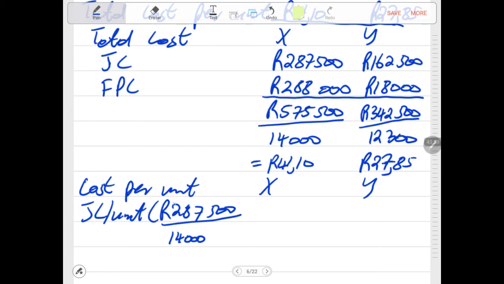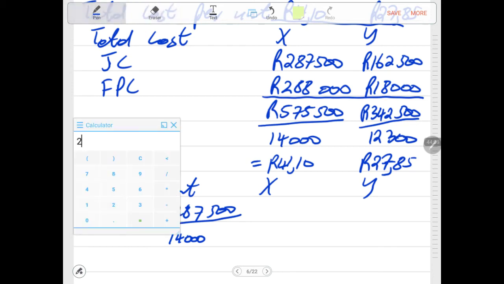We can do it in this way, a very easy one, to calculate everything per unit. If we do that, it gives us 20 rand 54 cents.